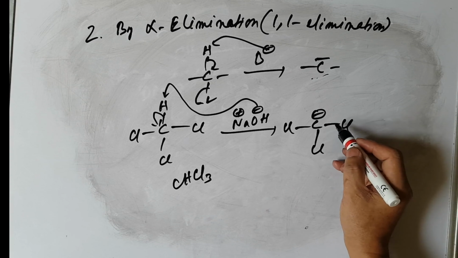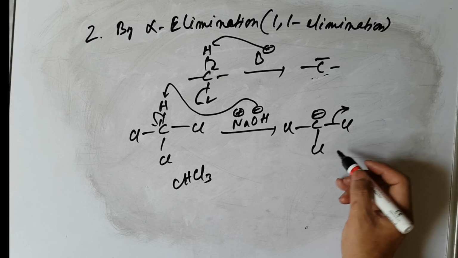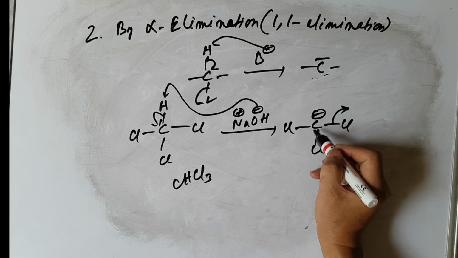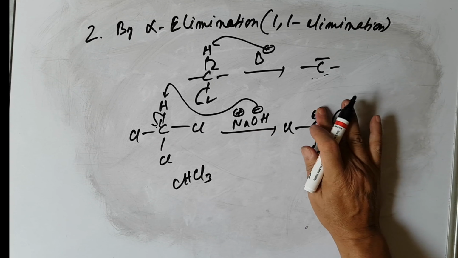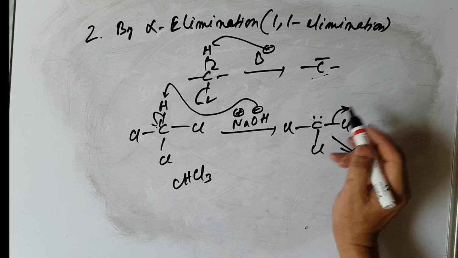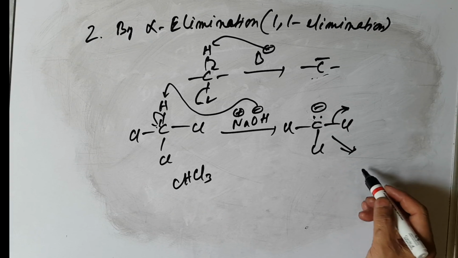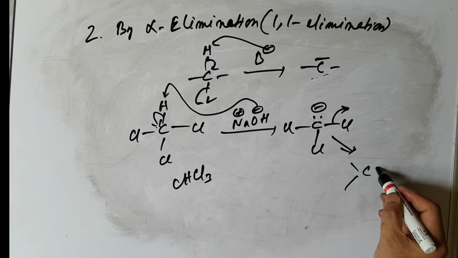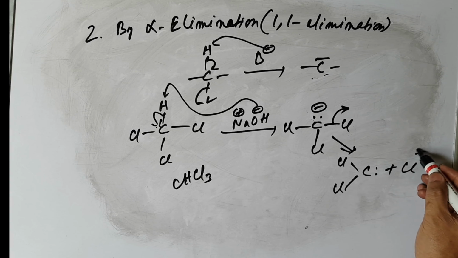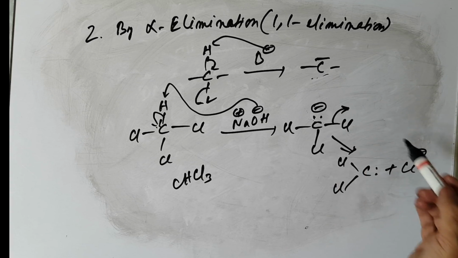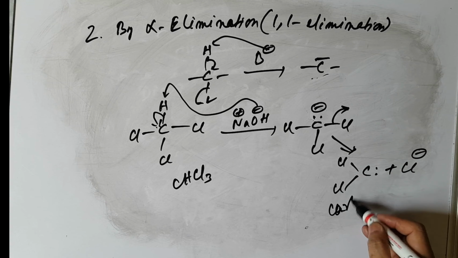Then loss of chloride: two electrons are given here, with a negative charge, and the negative charge is taken by chloride, so this becomes the carbene plus Cl negative.